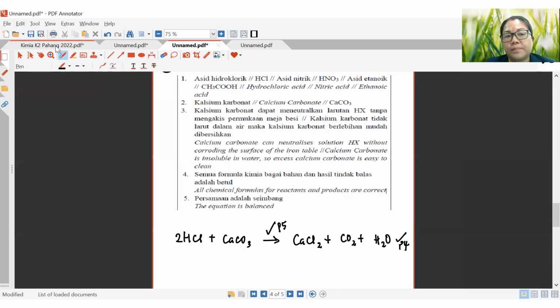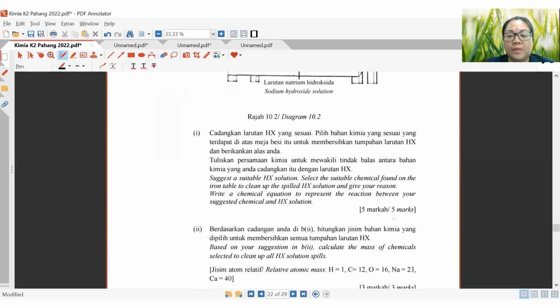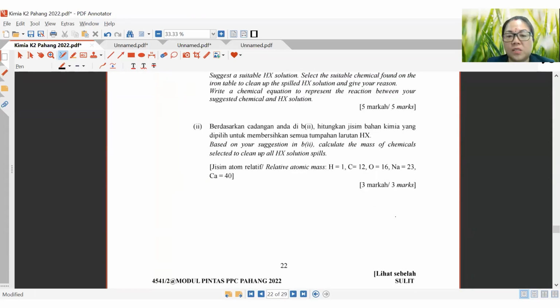The question looks very tedious because there is so much to read, right? But actually the answer is that simple. Now, let's look at the second one. Based on your suggestion in B1, calculate the mass of chemicals selected to clean up all HX spills. So you have to calculate the mass of chemicals selected.